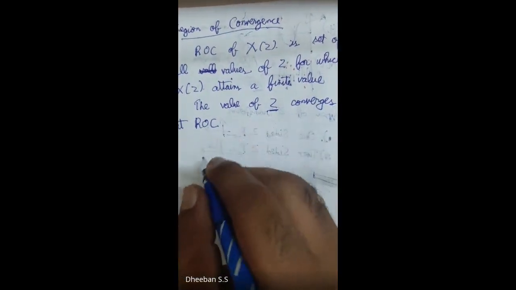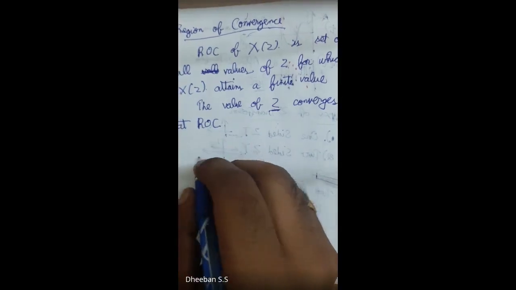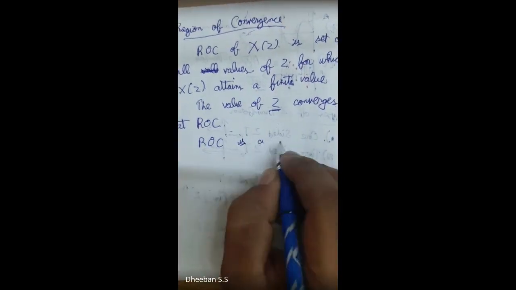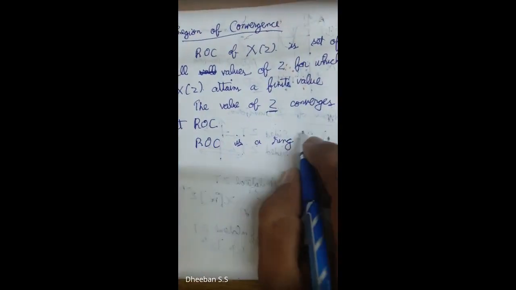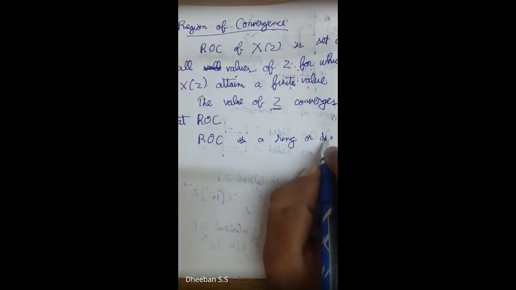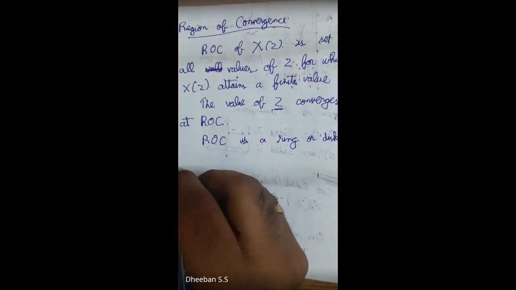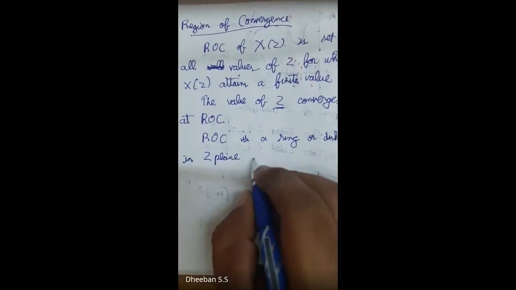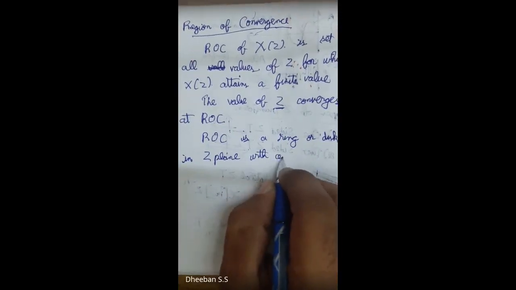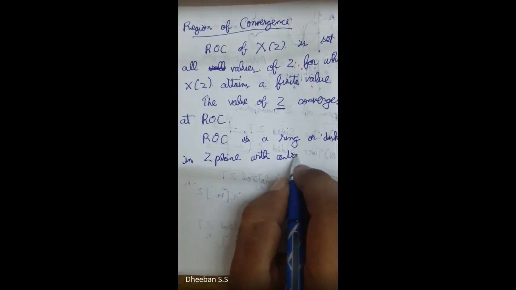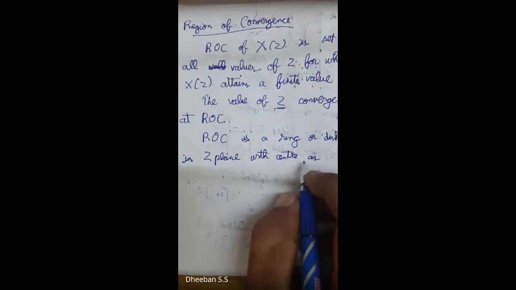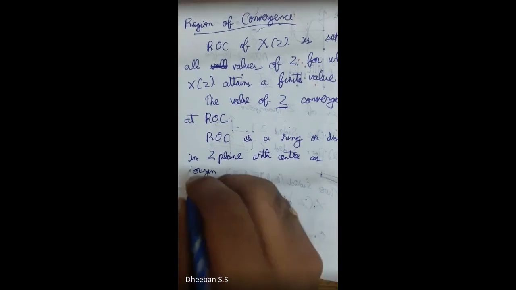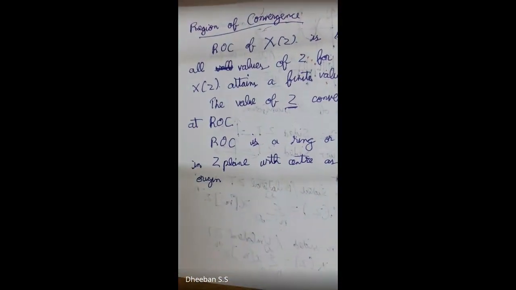What I am saying is, the ROC is a ring or disk in the z plane with the origin as center.